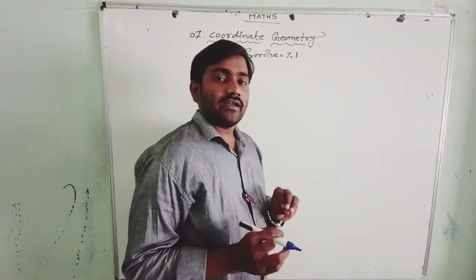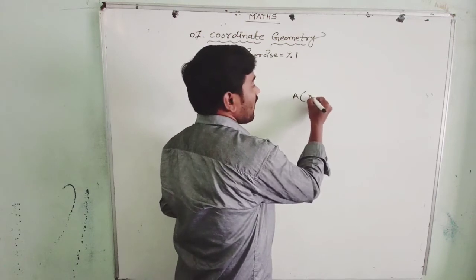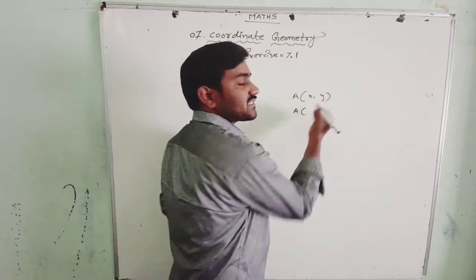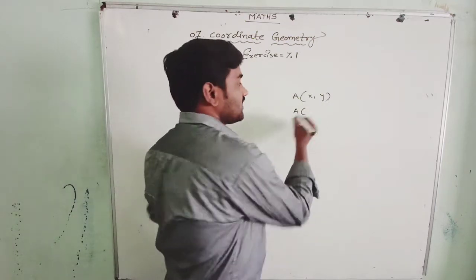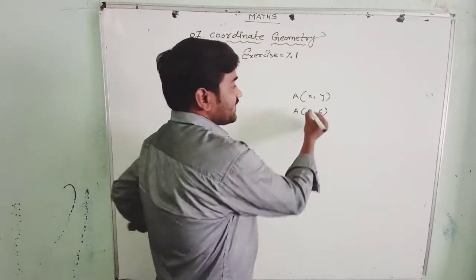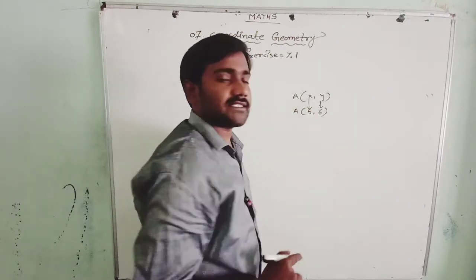In every point there is an x coordinate value and also a y coordinate value. Suppose A equals x comma y. The point A, x comma y, is, for example, 5 comma 6, where the x coordinate value is 5 and the y coordinate value is 6.